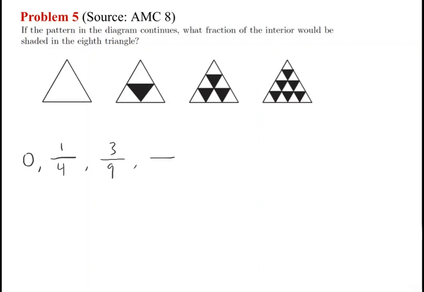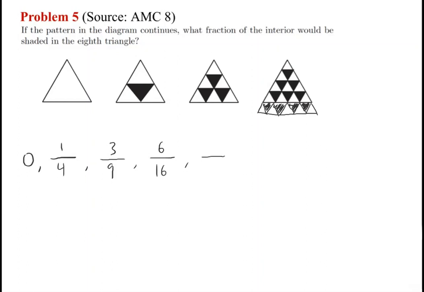In your fourth triangle, it is 6/16 shaded. And we might as well just draw out the 5th triangle. So it should look something like this. And these will be shaded.